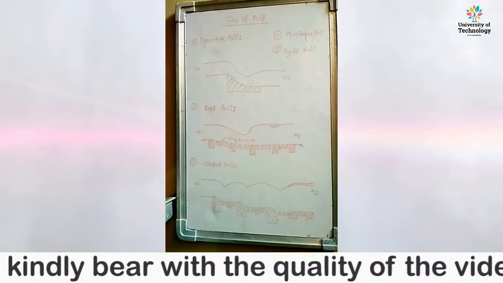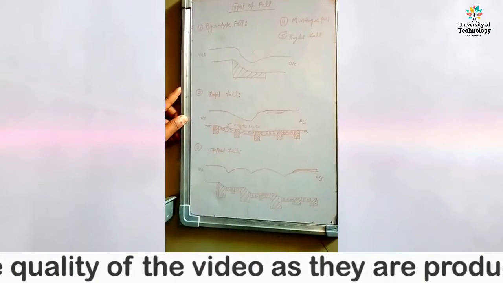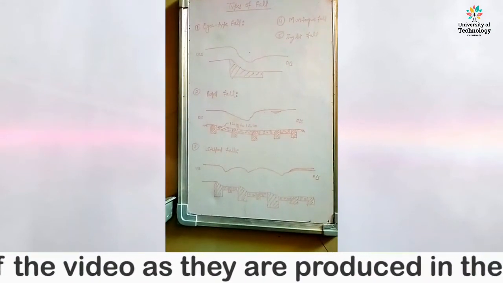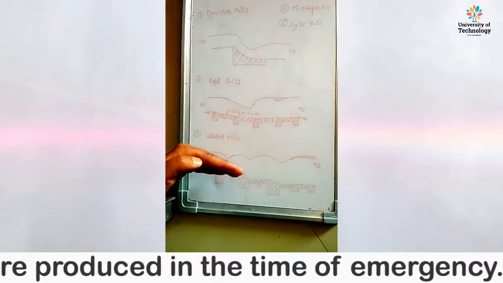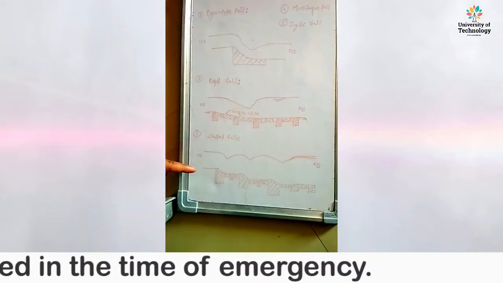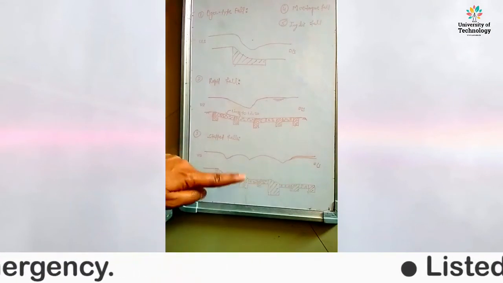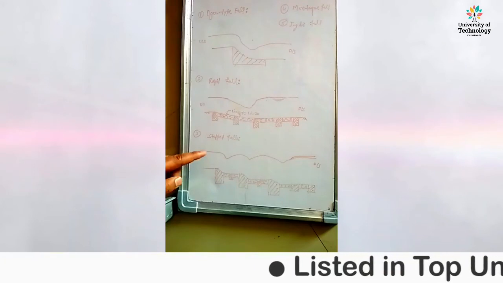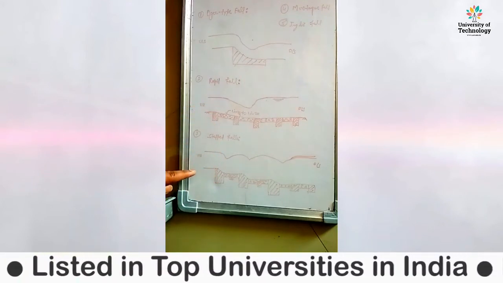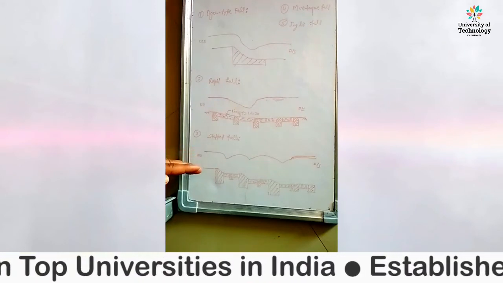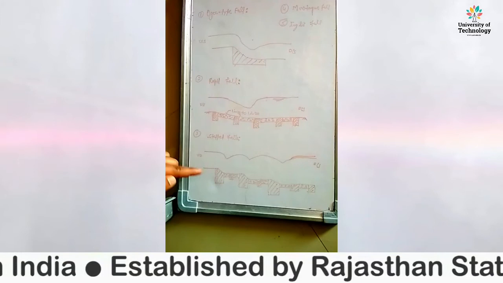The third one is the stepped fall. What is a stepped fall? As the name suggests, steps are provided in the construction of this type of fall. It is the modified form of the rapid fall, in which the glacis was replaced by a long stepped floor.